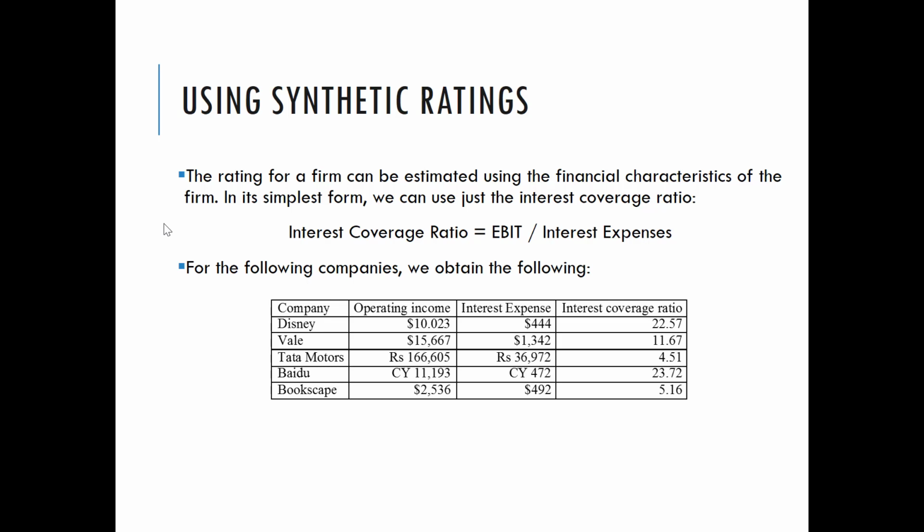If you have a negative number here, it effectively means that you don't have any profits and that you're not really that solvent. So again, for example, if we're looking at Disney, we might look at its operating income and its interest expense, and figure out what the interest coverage ratio is based on that. And you might say, well, how do I then use that interest coverage ratio?